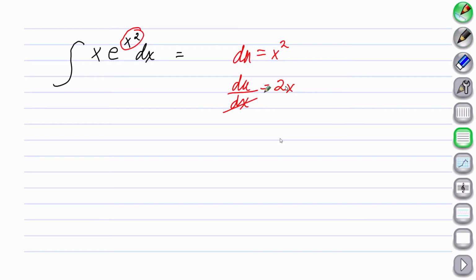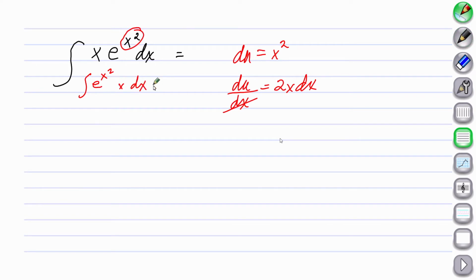And I bring the dx up here. Uh-oh. What's wrong? We have an x and a dx. I rewrite the problem this way. But I don't have a 2. See, and everything has to match up.